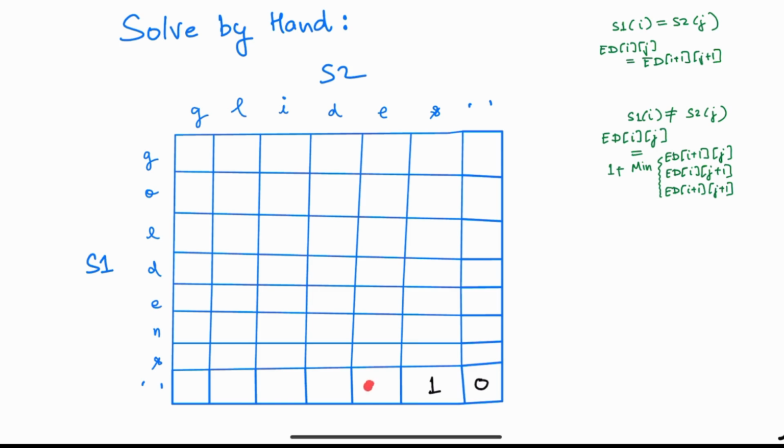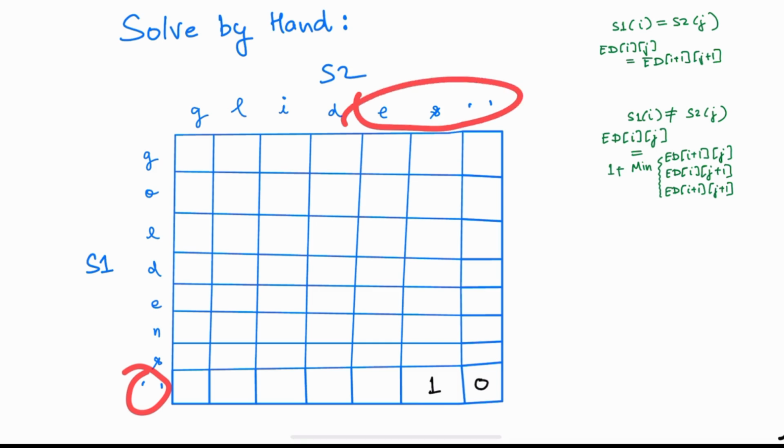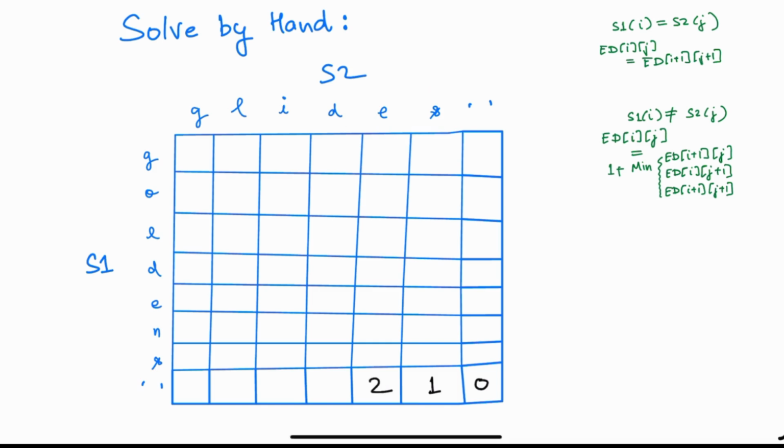Similarly here, again we have an empty string and then 2 characters in string 2, the substring of string 2 going from E till the end. The only option to make them equal to this empty string is to delete these characters. So effectively I'll put 2 here. Similarly, it's very easy to see that this should be 3, 4, 5 and 6.